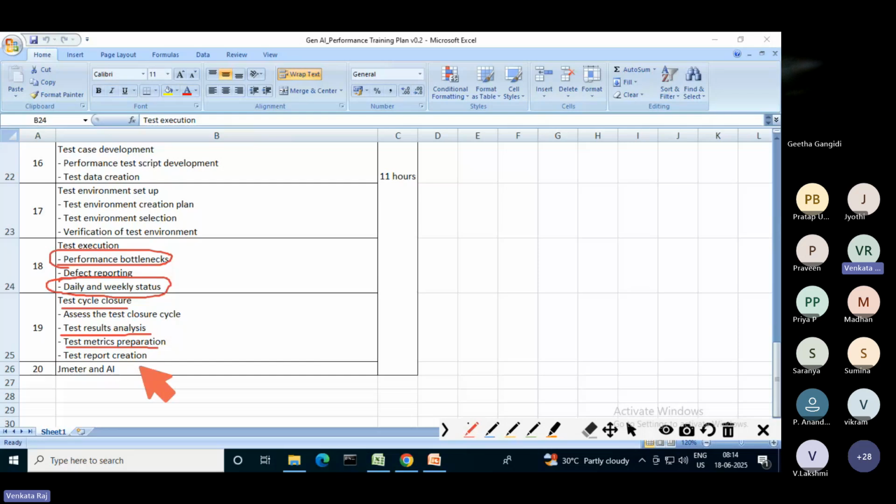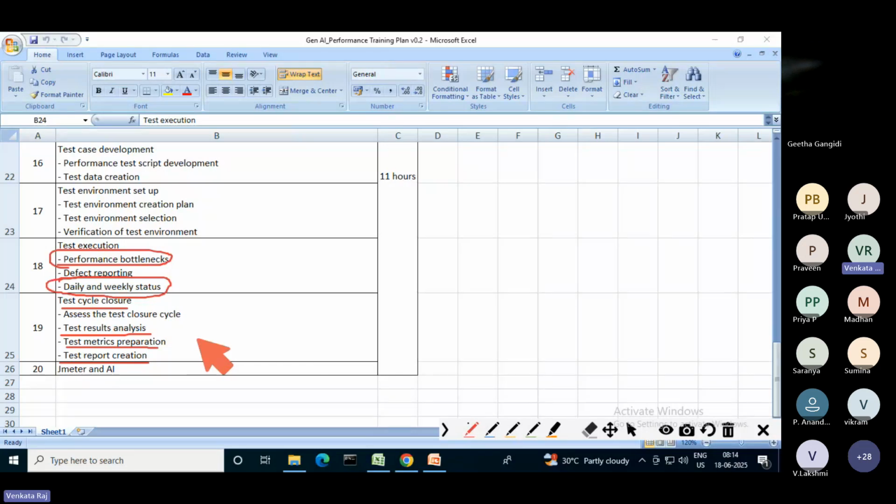I'm going to show all those things, guys, and how we are going to do them. And then performance test report creation also. So we are going to see how to leverage AI in each and every phase of performance testing.